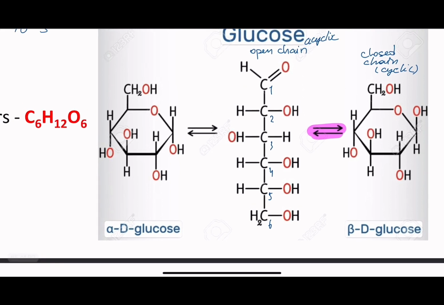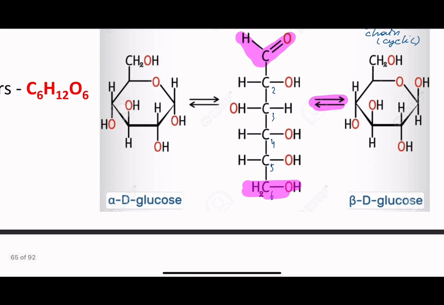We're going to discuss how this cyclic form happens, but before I go, I just want you to pay attention to how the glucose looks. The first carbon, as you see, is an aldehyde. The last carbon is a primary alcohol. The second, third, fourth, and fifth carbons are secondary alcohols.